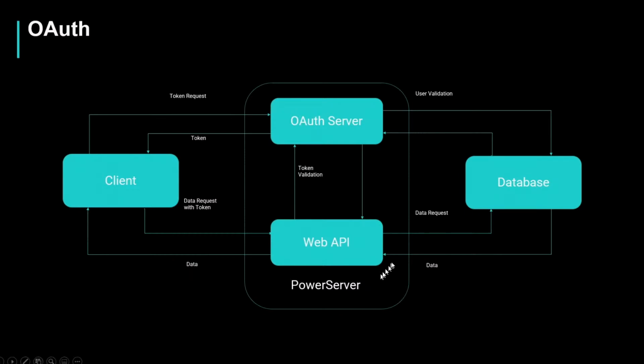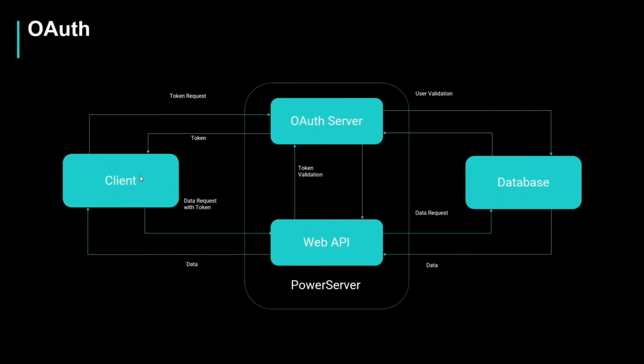So what happens with OAuth is PowerServer comes with an OAuth server, and you just turn that server on. And then you configure the client to send a token request to the OAuth server in PowerServer. If the user logs in correctly, they'll get back an OAuth token.